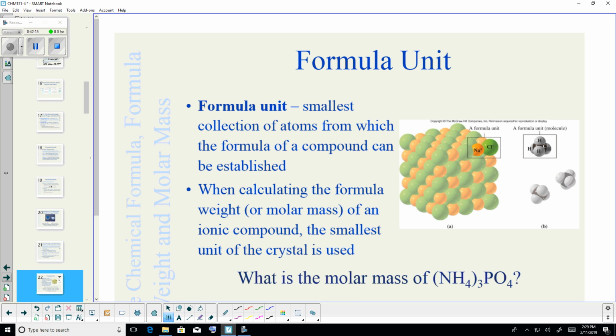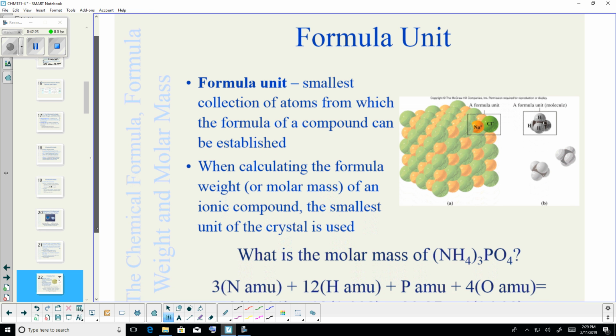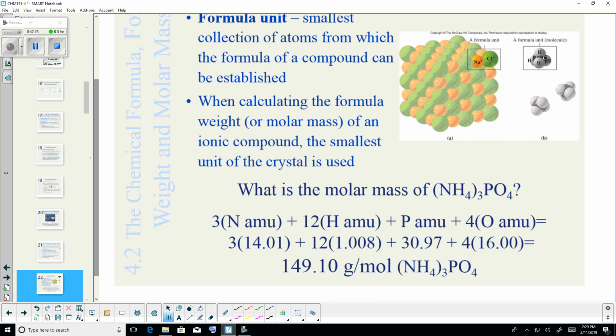So what's the molar mass of ammonium phosphate, (NH4)3PO4? Hopefully they do it. We have 3 nitrogens, 12 hydrogens, phosphorus, and 4 oxygens.